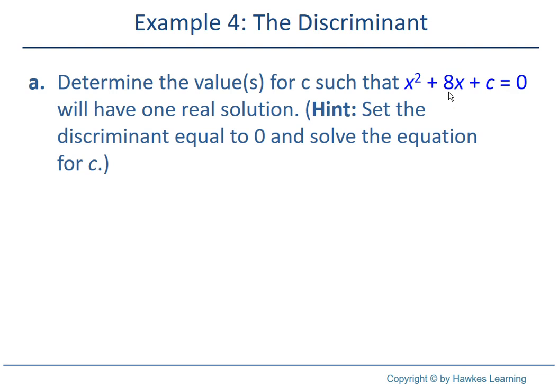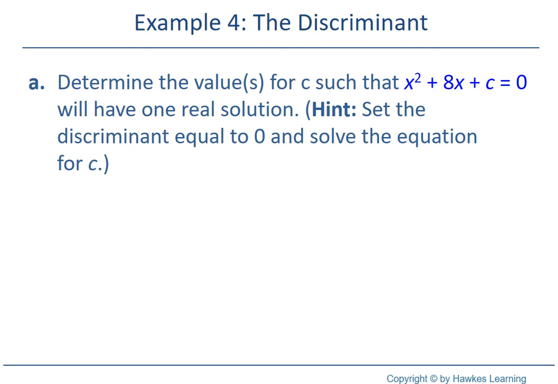Now as I look at this, I can see that if we made this into a perfect square trinomial, we would have our C value that would just give you one solution. But they're also giving us a hint here. Set the discriminant equal to 0 and then solve the equation.